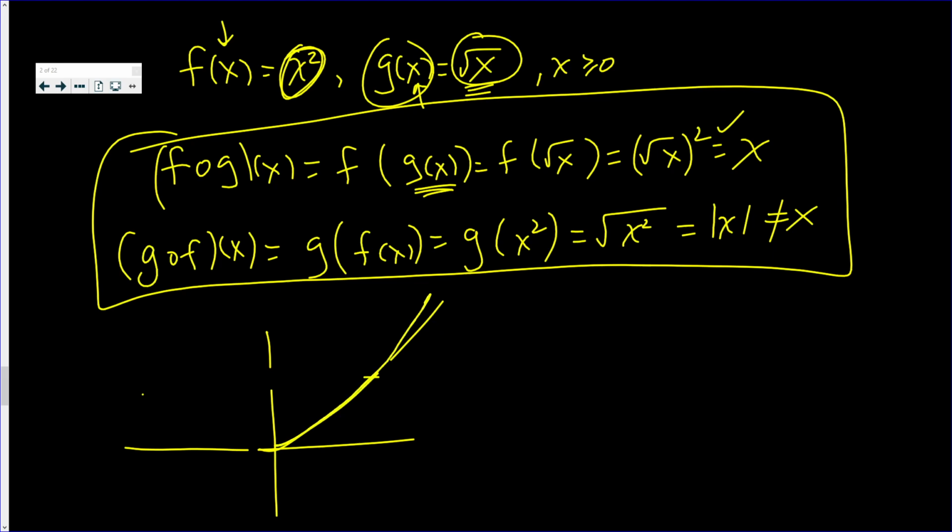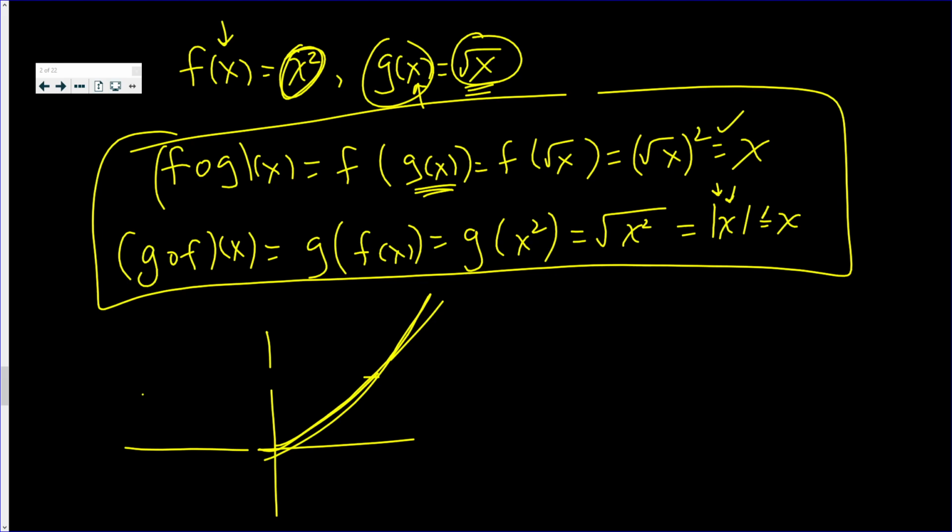And since x is positive, the absolute value of a positive number is just that number. So if I include that x is at least 0, then f and g are inverses of one another. If I remove that constraint, then they're not equal to one another.